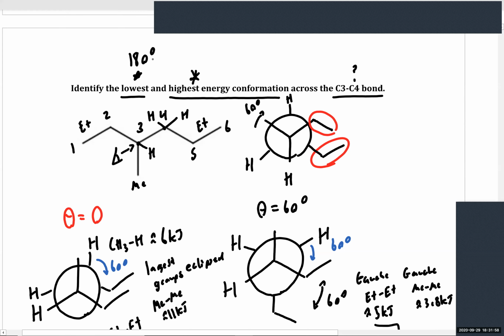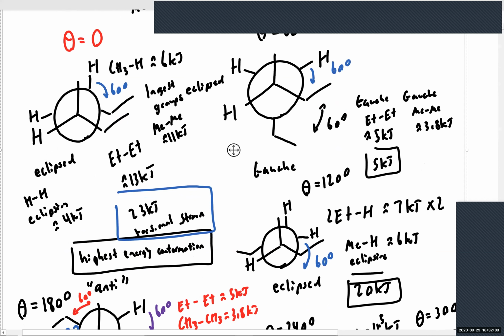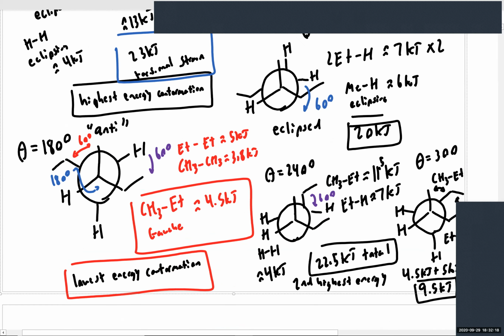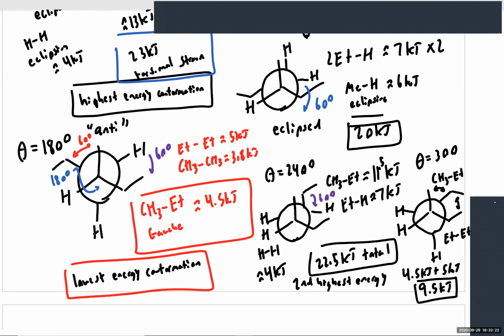It will have your largest substituents anti, while your highest will have a 0 degree dihedral angle, where our bulkiest substituents are eclipsed. As we can see, our highest energy conformation is eclipsed. Our lowest energy conformation is anti. I want you to be able to draw the other conformations as a function of dihedral angle, and that's why I showed them to you in this example.